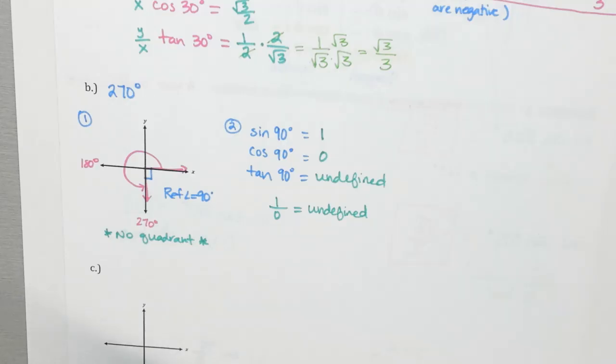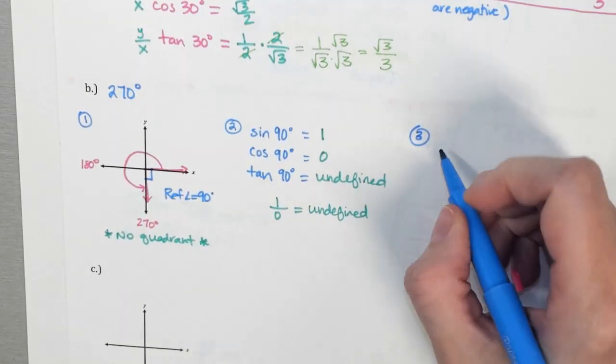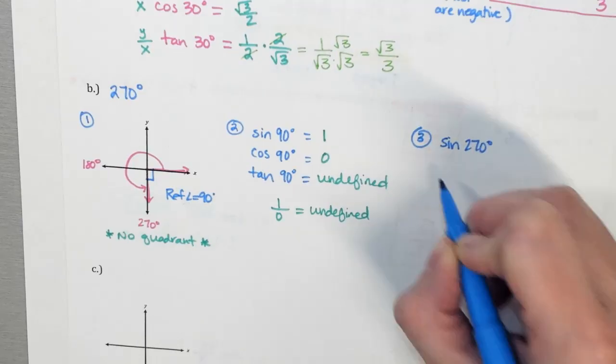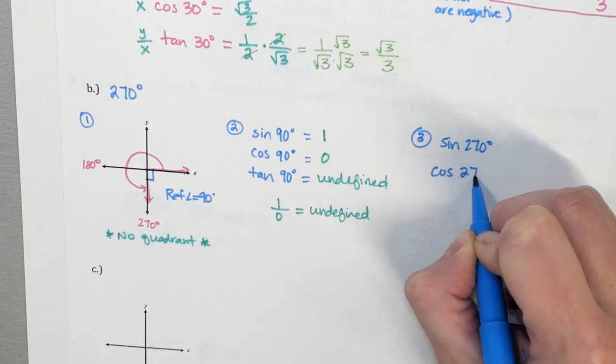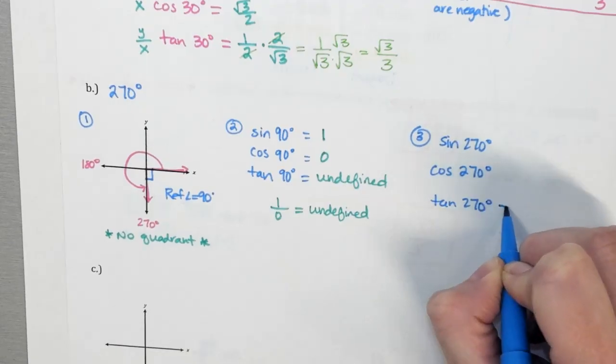Okay, and again, you need to do all 3 steps for this. I will not give you all of your points if you don't write out your 3 steps. Okay, and then we're going to find the sine of 270, the cosine of 270, and the tangent of 270.